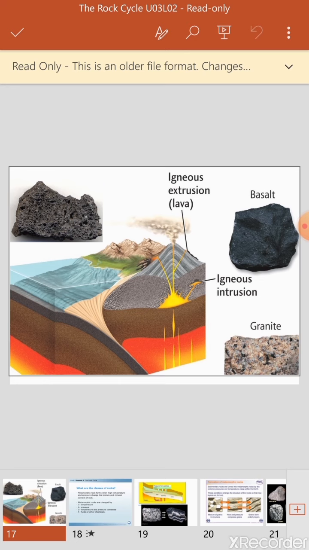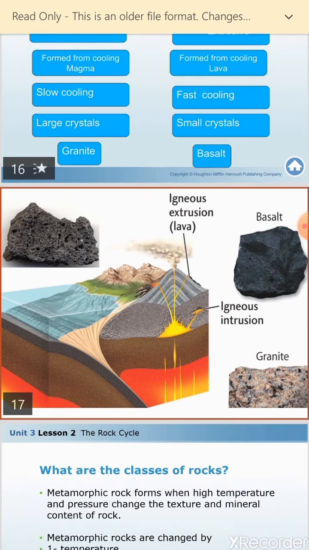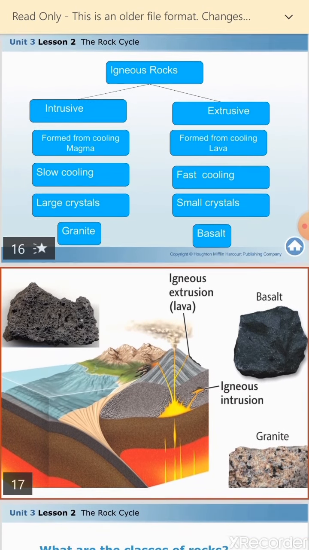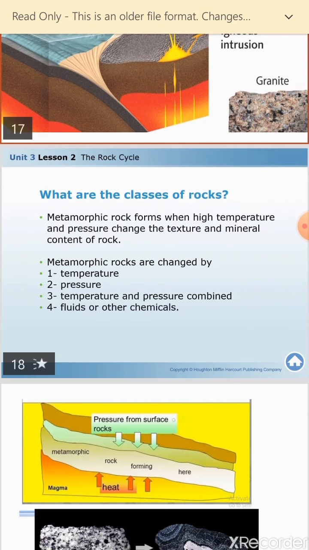Okay, here also this figure shows the difference between the two kinds of igneous rock. What is the third class here? The metamorphic rock.